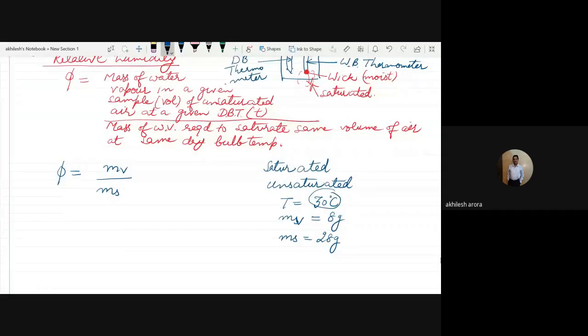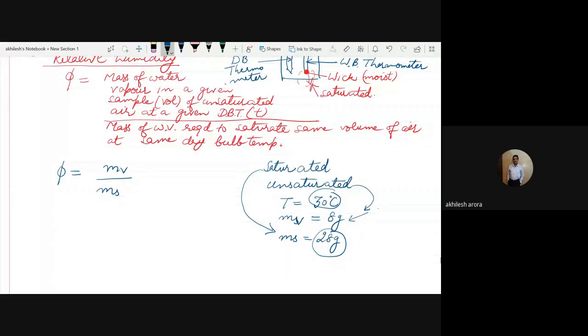temperature of 30 degrees Celsius. So it means this air which is having the moisture only 8 grams is unsaturated. And the same air at the same temperature, if it is holding 28 grams of the moisture, then it is saturated air. This is just an example, so these are not the exact values.